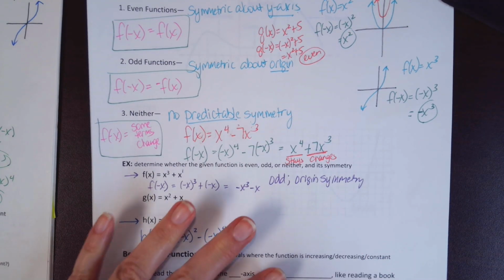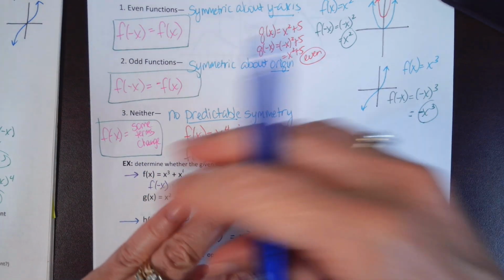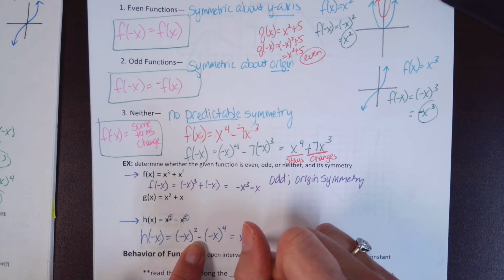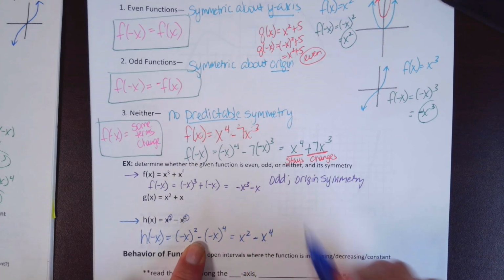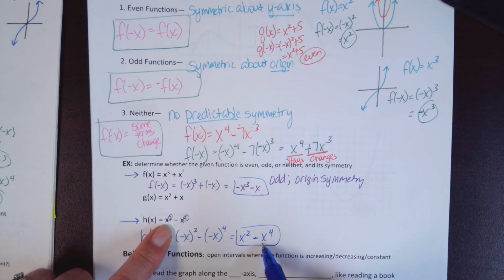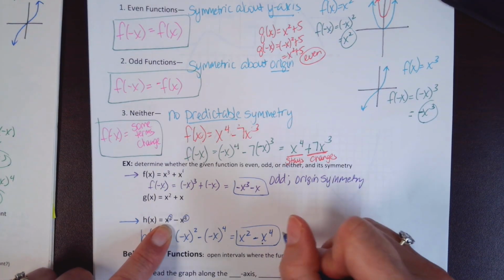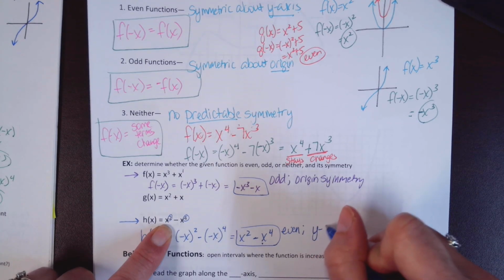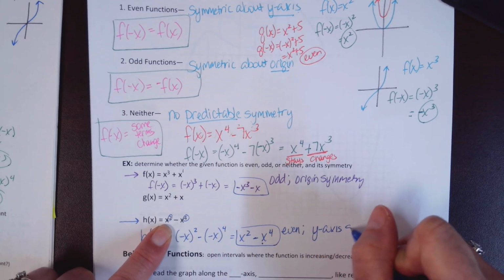Negative x times itself 4 times, those negatives pair up, and it becomes a positive x to the 4th. So this stays minus x to the 4th. This is the same as what I started with. So this is an even function, which means I have y-axis symmetry.